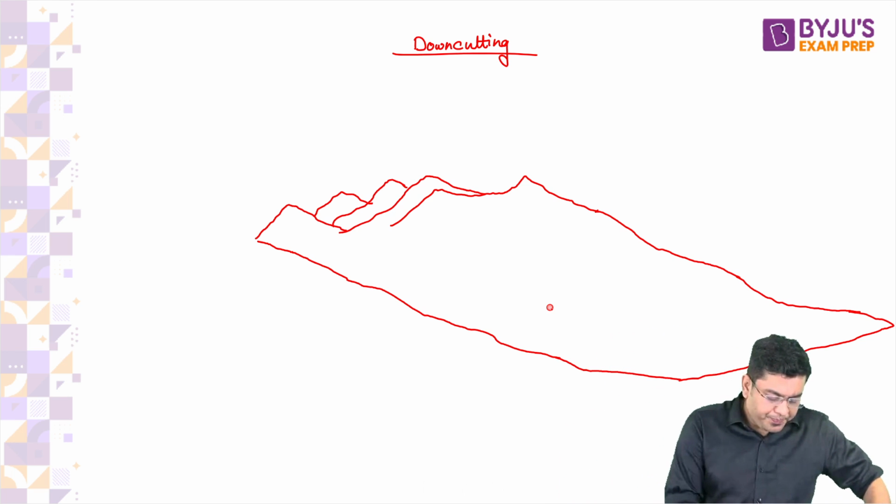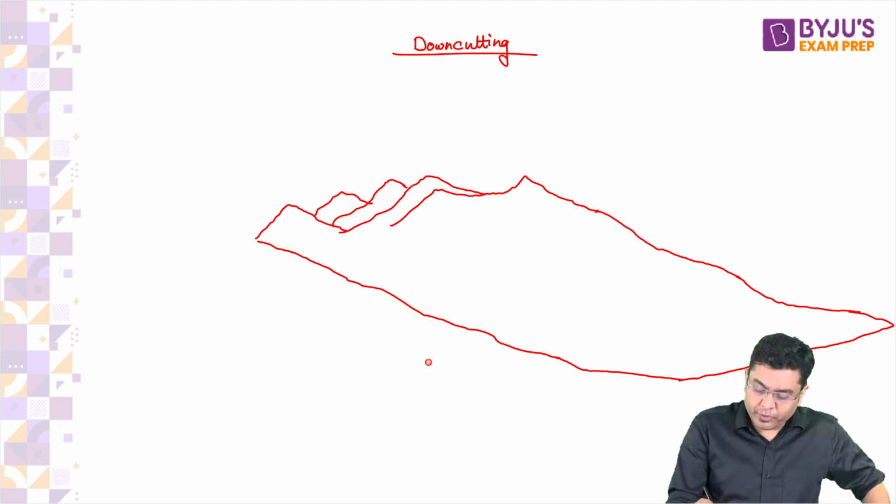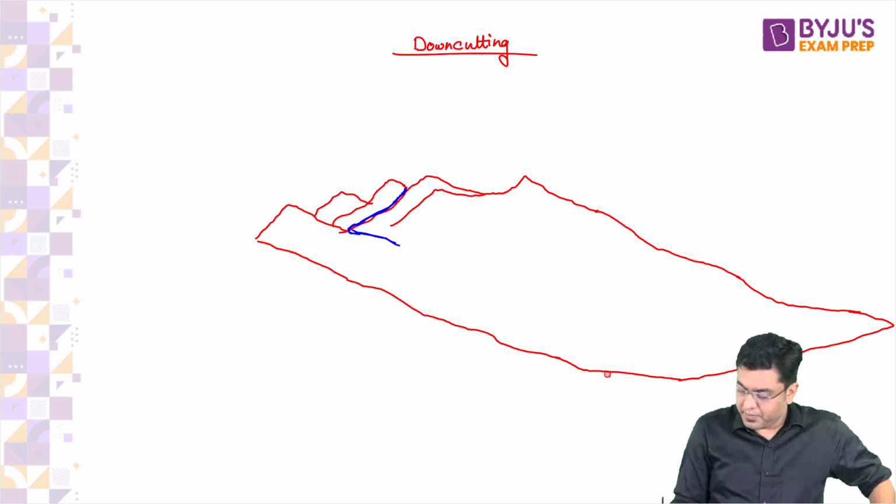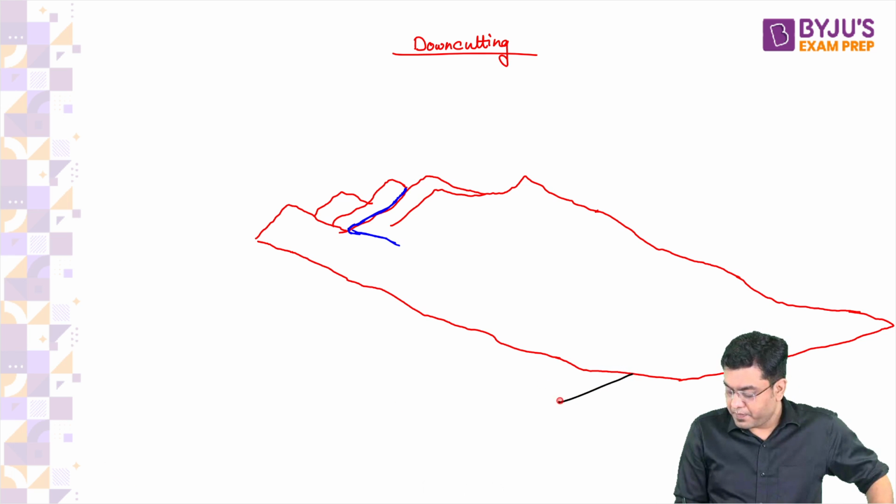So here, assume a river is flowing down these slopes. A river has originated high up in the mountains. It is coming down with significant amount of velocity and it is falling down the slope here. This is where you have the plain region of plains.